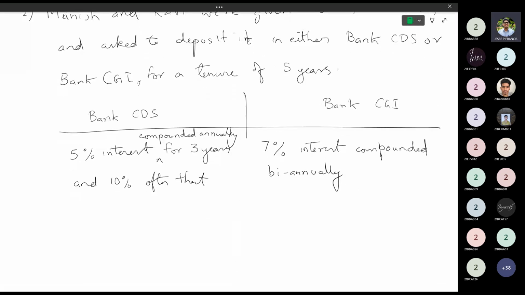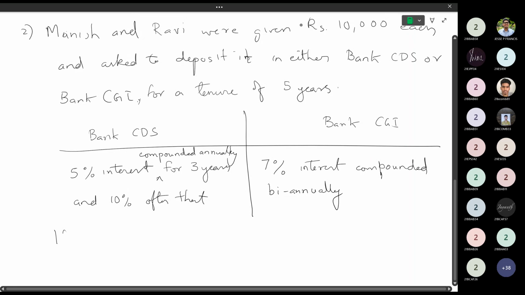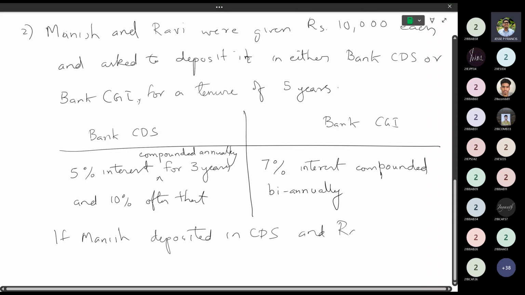Let's see if Manish deposited in CDS and Ravi in CGI, who will earn more? Can you try this and tell me who will earn more?